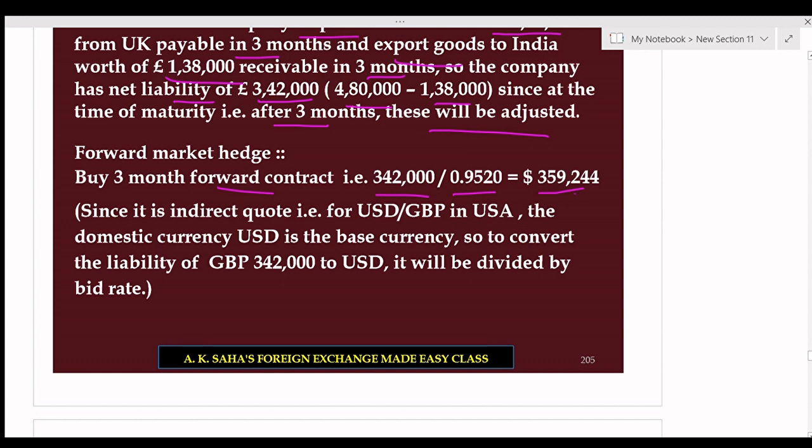Because in the USA, the USD/GBP exchange rate is an indirect quote, the domestic currency USD is the base currency. So to convert the GBP 3,42,000 liability to USD, it will be divided by the bid rate after 3 months.